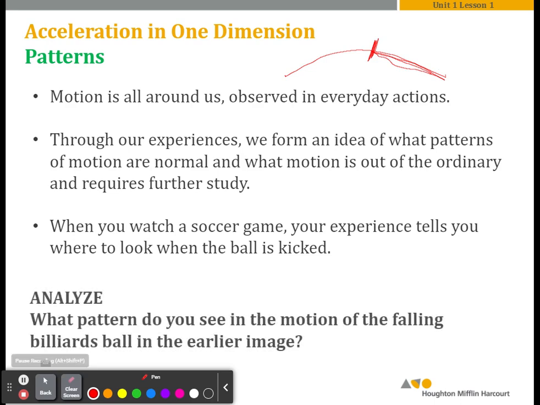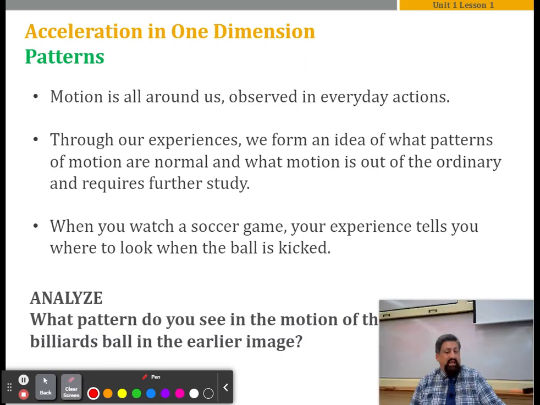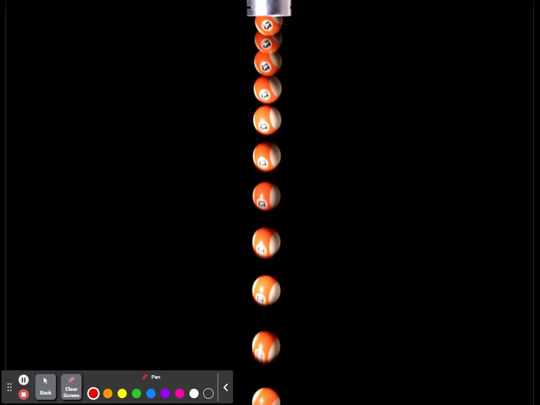So what pattern do you see in the motion of the falling billiards ball in the earlier image? Let's look at it again. Here we see that the ball is falling straight down. It's following a one-dimensional path. However, as I showed you on the last image, here we can see it a bit larger.